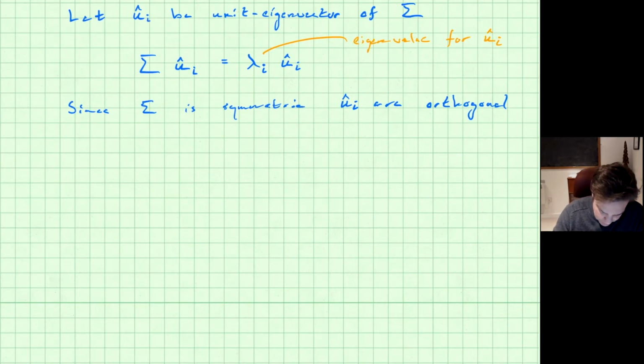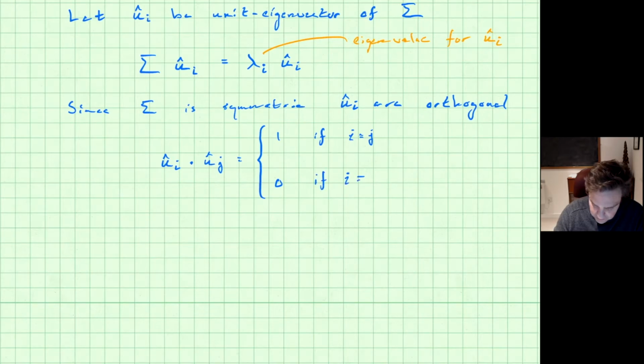So in other words, u hat i dotted with u hat j can be only two things. It's either 1 if i and j are the same, or it's 0 if they're not. So u hat 2 is perpendicular to u hat 4, 5, 6, and whatever. But u hat 2 has length 1.